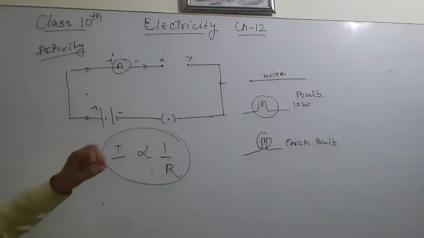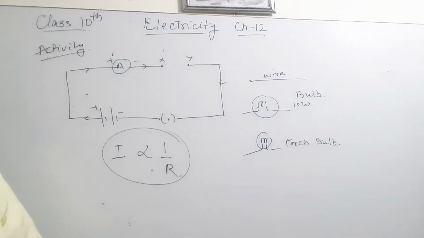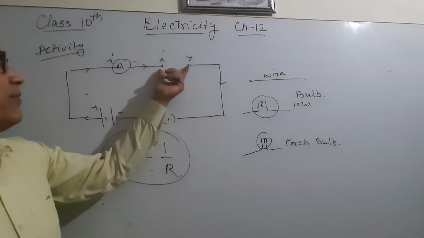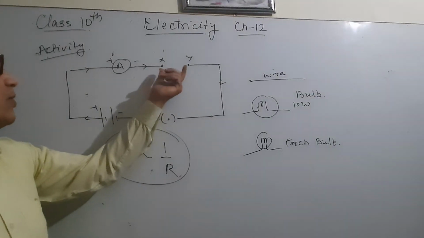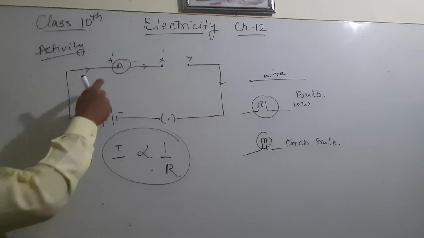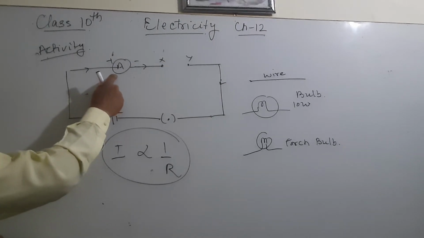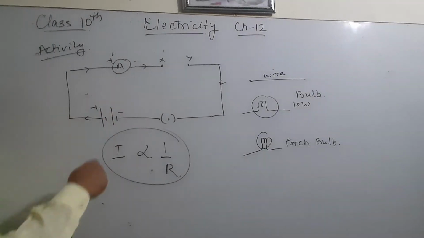First, we will put a nichrome wire joined between X and Y. If the nichrome wire is joined, the circuit will be complete and it will show some reading on the ammeter.